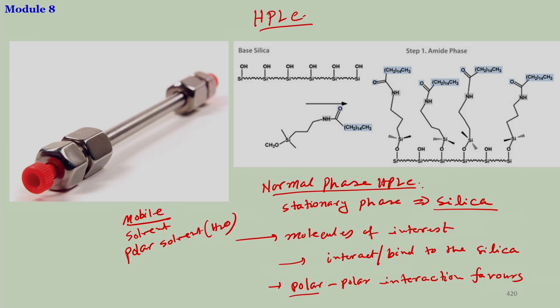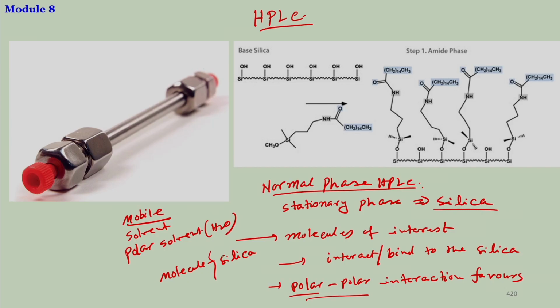If you inject now a polar solvent that is more polar compared to this interaction, the molecule to silica interaction would be broken, because silica will now interact with the solvent.